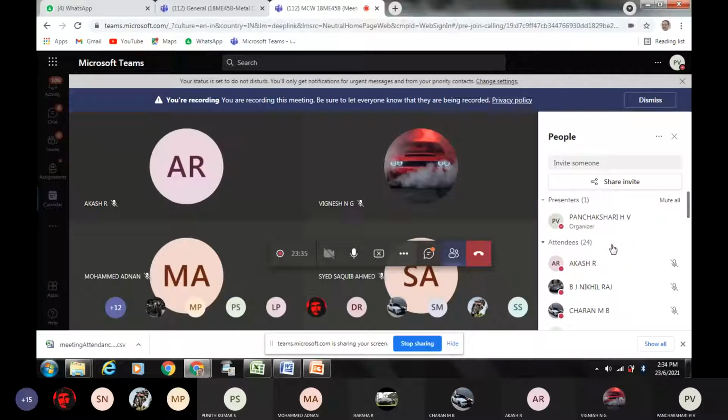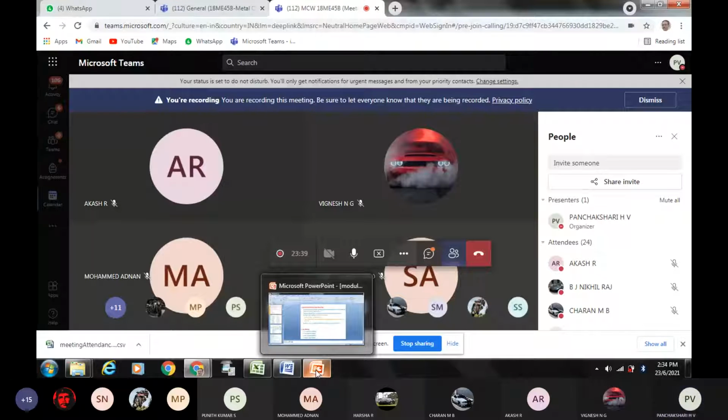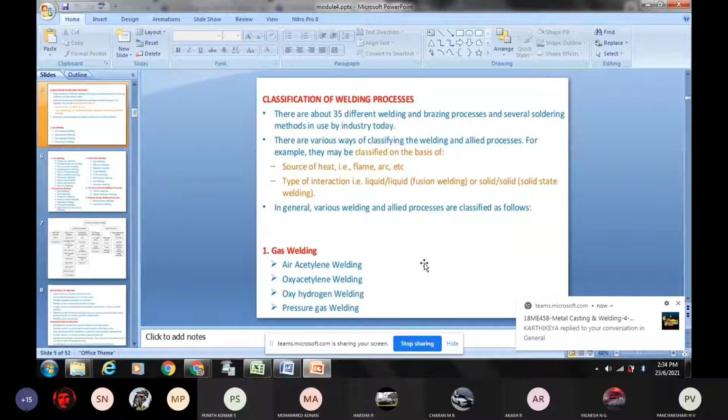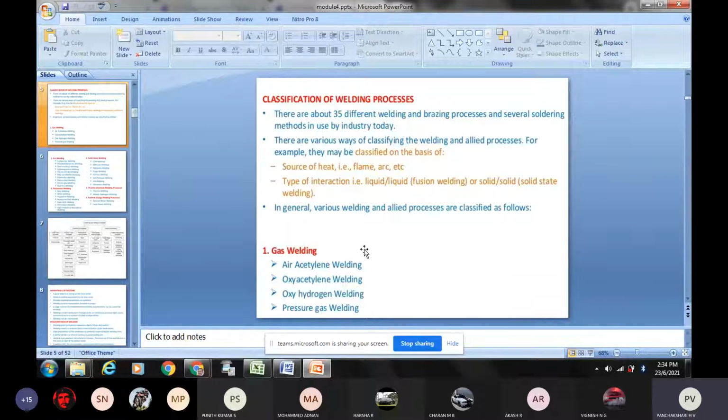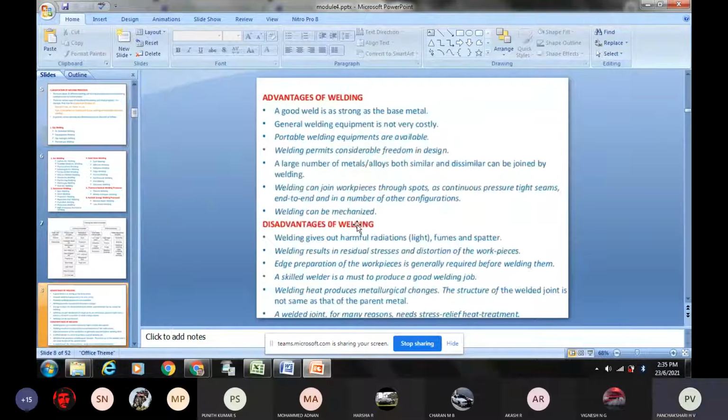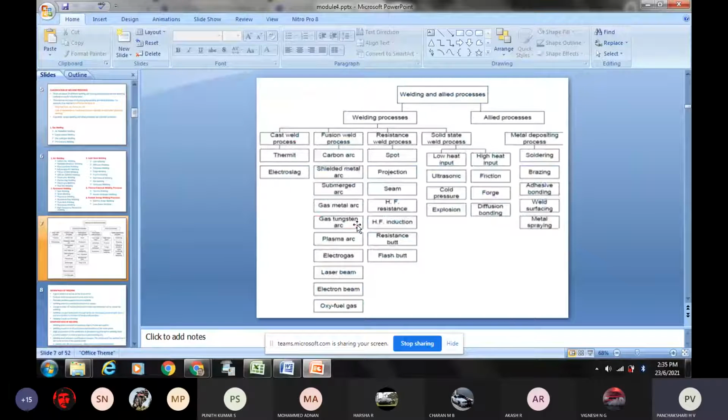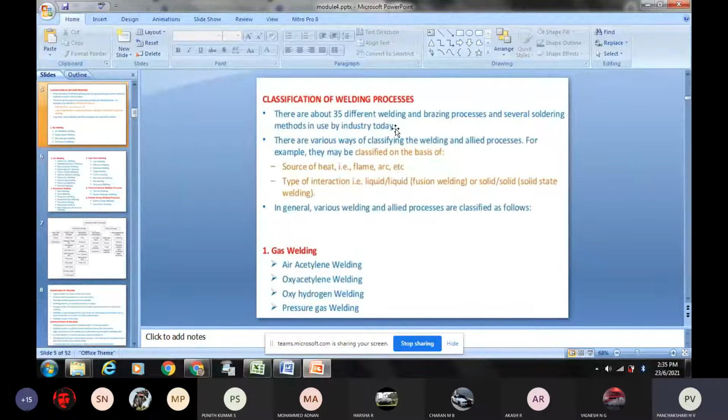Okay. So now let's go to the classification of welding. Classification is nothing but the different types of welding. How do we classify welding? See here, there are about 35 different welding and brazing processes, and several soldering methods in use by industry today.